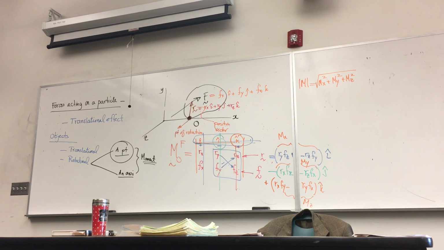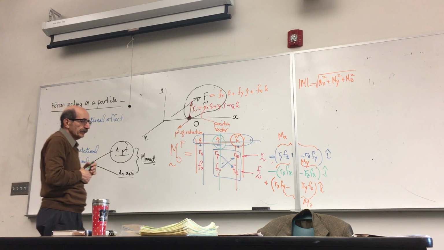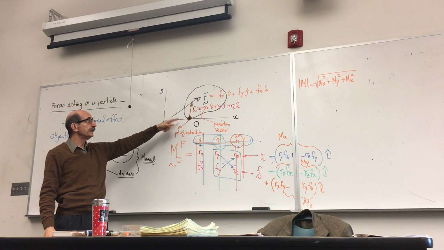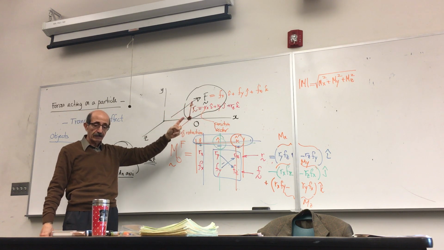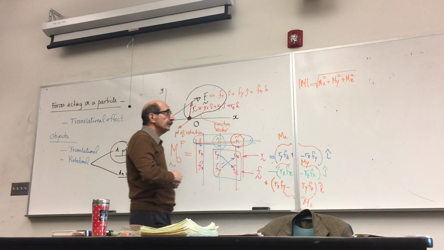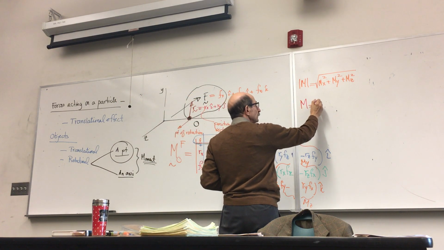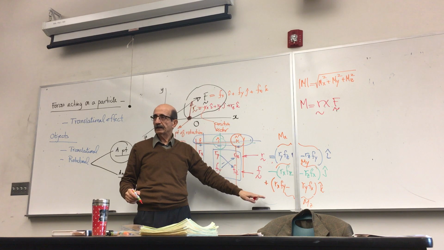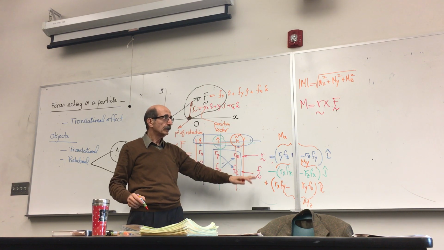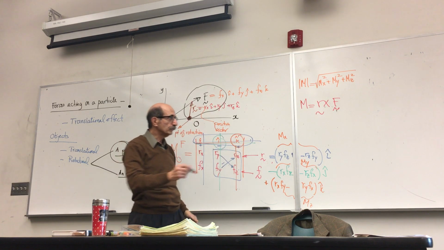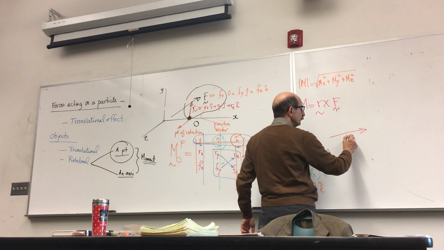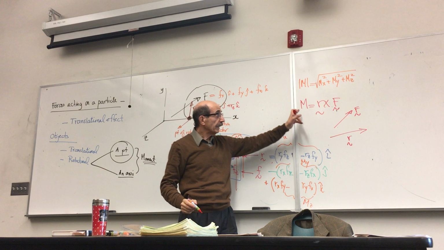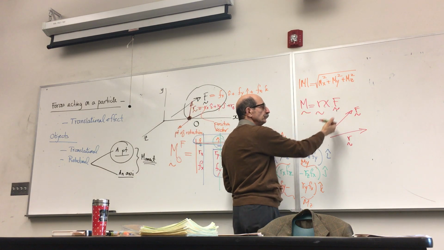But if you just want to feel that, the direction of this vector is this. First of all, this vector is perpendicular to the plane made by these two vectors, r and f. You remember, moment is the cross product of these two vectors. And this is the value of that cross product as a vector. But you remember from the cross product, this is how we found the direction. If this is the first vector, this is the second vector, M is perpendicular to the plane of these two.